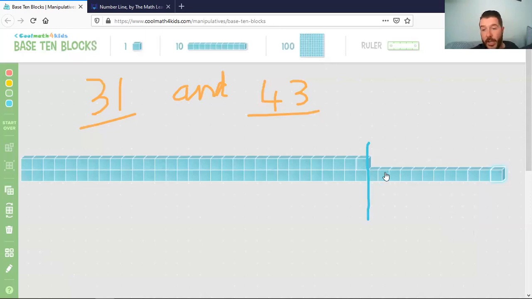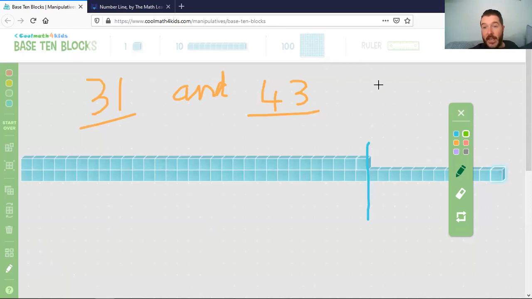So 1, 2, 3, 4, 5, 6, 7, 8, 9, 10, 11, 12. So 43 is 12 more than 31, and 31 is 12 less than 43. So the difference is 12. So if you've got tens and ones at home, or if you want to use this website to help you to solve the problem, that's fine. It just gets a little bit trickier when the numbers get bigger, but that's one way you can do it, which will help you to solve that problem.